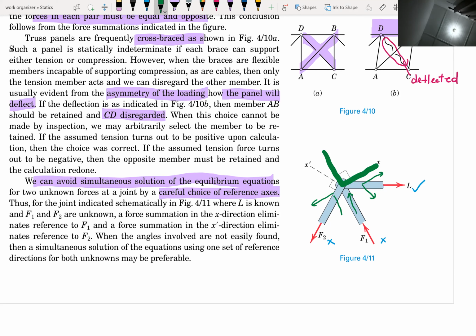So this is the component. This one we know, this one we don't know. So there are three unknowns.